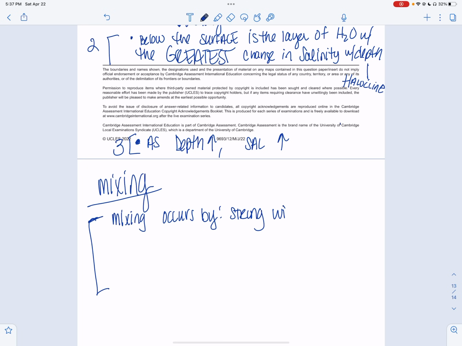Strong winds. I wouldn't just say winds, like daily winds, whoop-de-doo. But strong winds can cause mixing. Turbulence. Water currents.